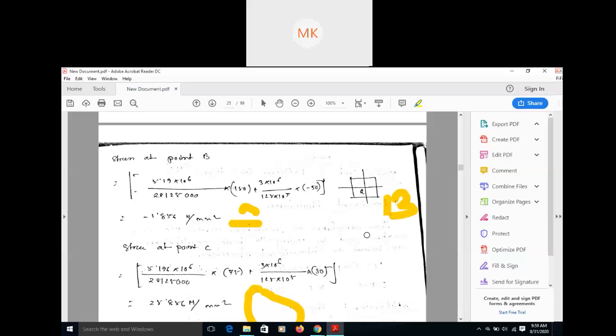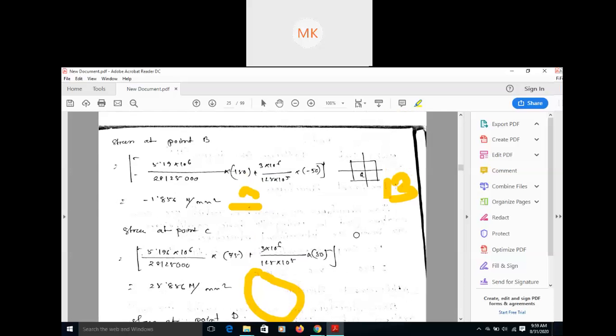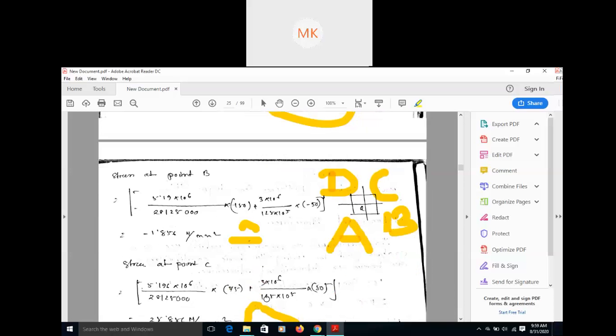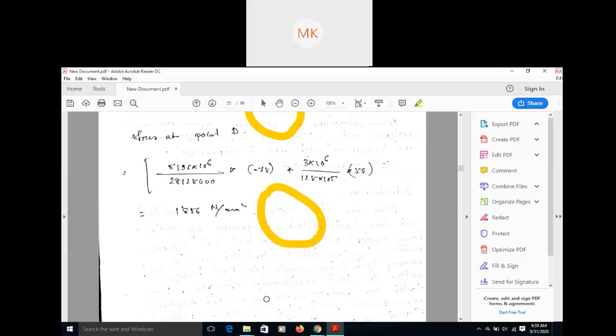Similarly, this is at C, at the top, and this is our D, and this is our A. You will understand this A, B, C, D. As per the position of these points, you need to write tensile and compression. All of you, please try to solve this numerical.